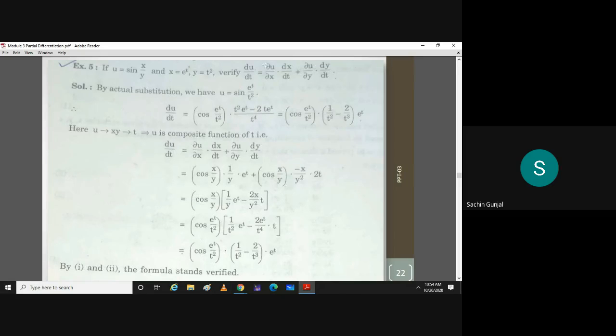Now you have to find these derivatives on the right hand side and multiply them and add them. So u is a function of x, y, and x, y are functions of t.